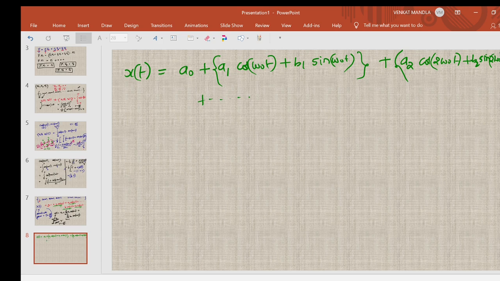You can represent x of t as the sum of all its harmonics, infinite harmonics.